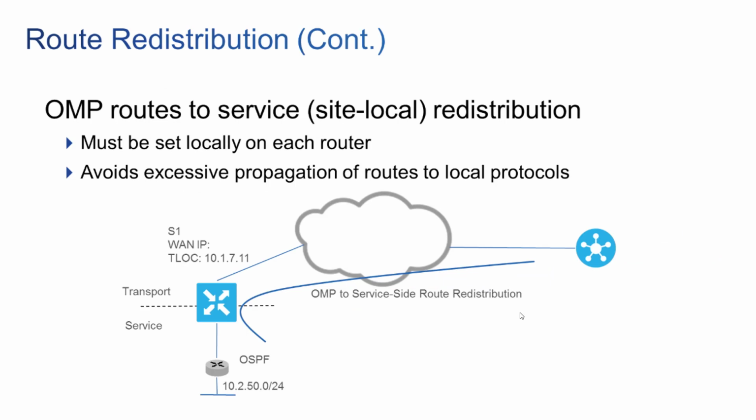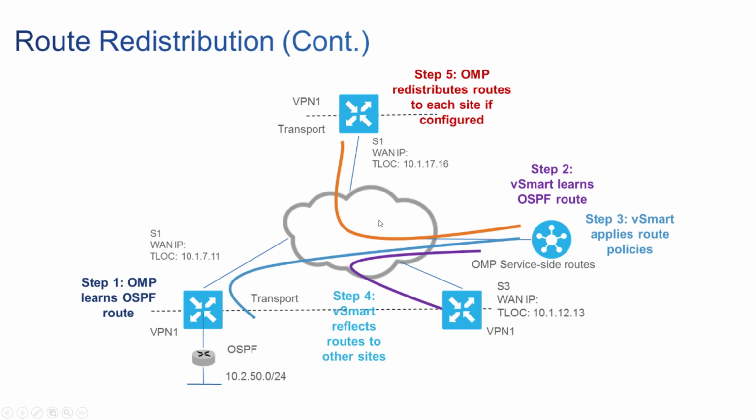Like I said, OMP routes to the service side, that site local redistribution doesn't happen automatically. We have to make sure that we do that redistribution explicitly to get routes from the SD-WAN fabric into the local side routing protocols.